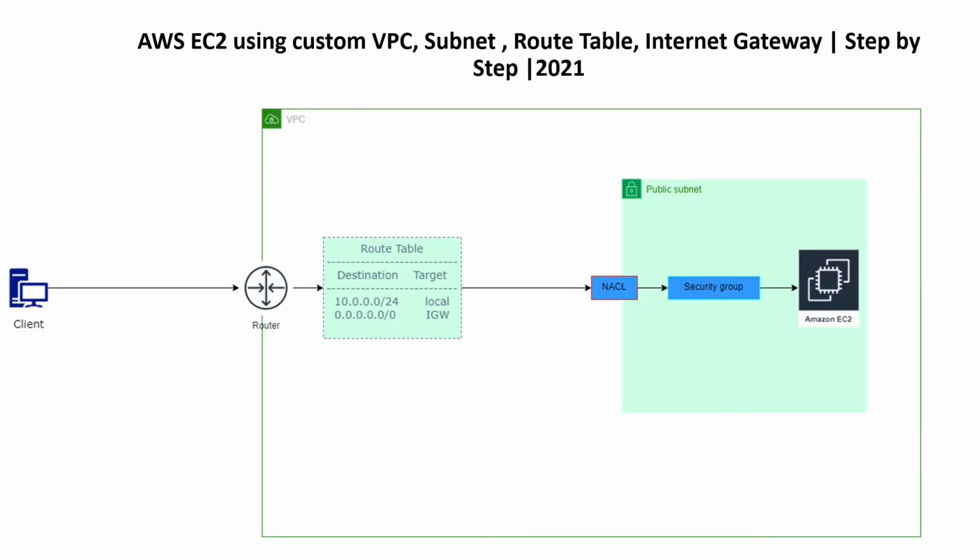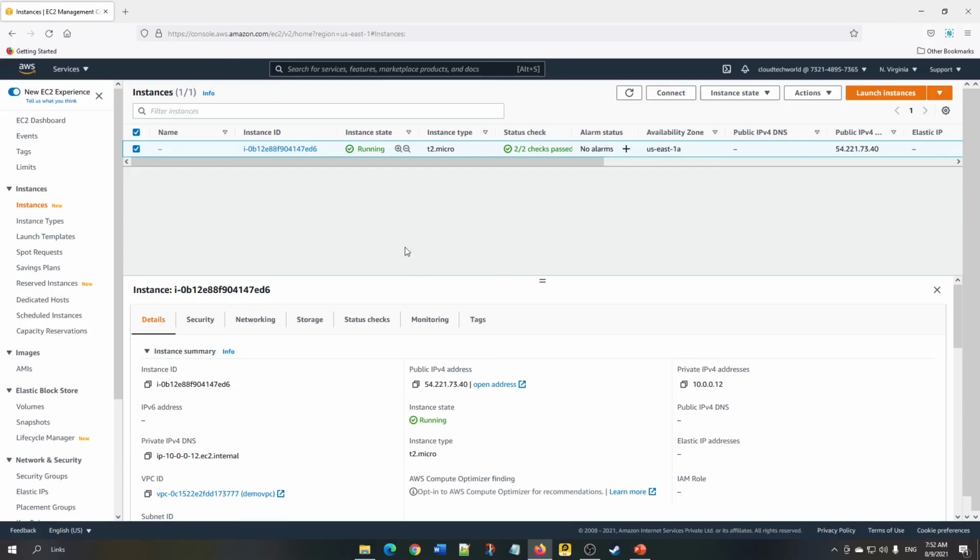So this is how we can create a custom VPC and subnet and create our EC2 instance. Once we are done checking whether you are able to connect or not, after you are done with your testing, don't forget to terminate your instance. Because if we leave it as it is, it will cost us in the future.